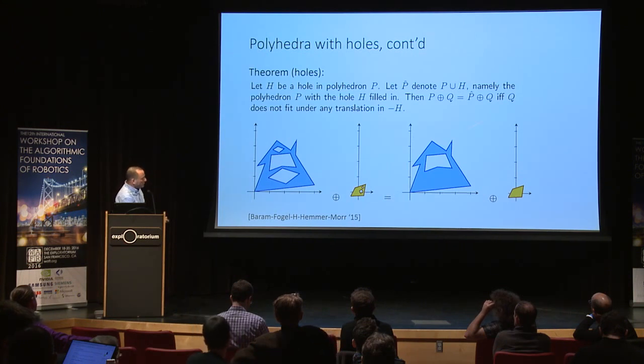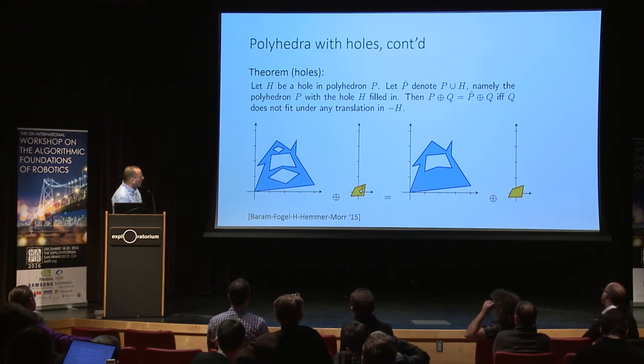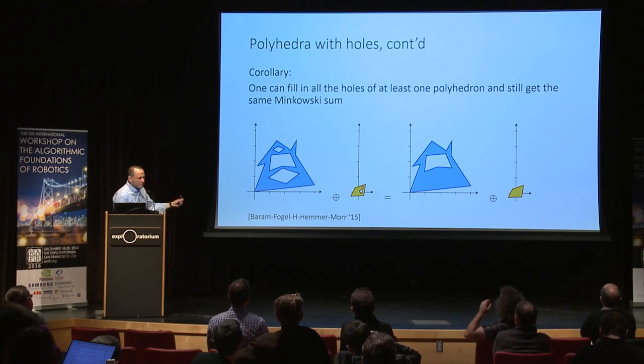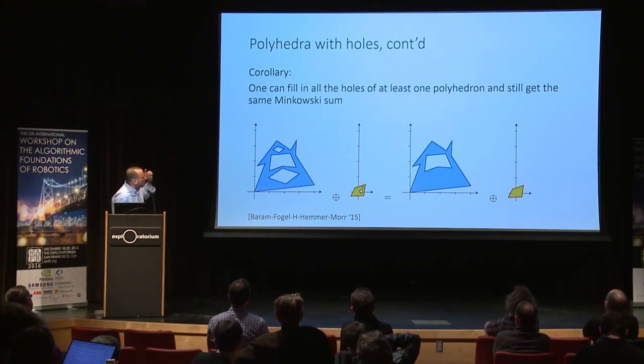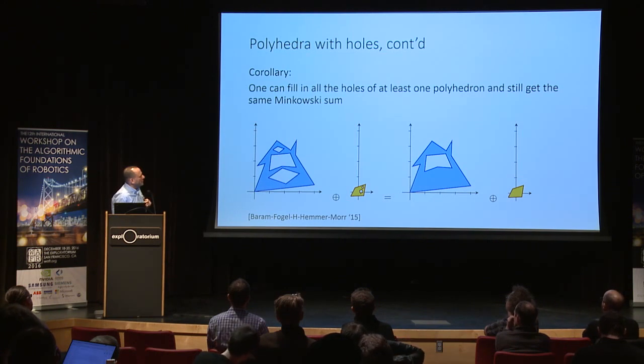And this theorem says that you can kick out this hole, and both holes of the smaller polygon. And with some little more work, you can show that you can always fill in the holes of at least one polyhedron and still get the same Minkowski sum.